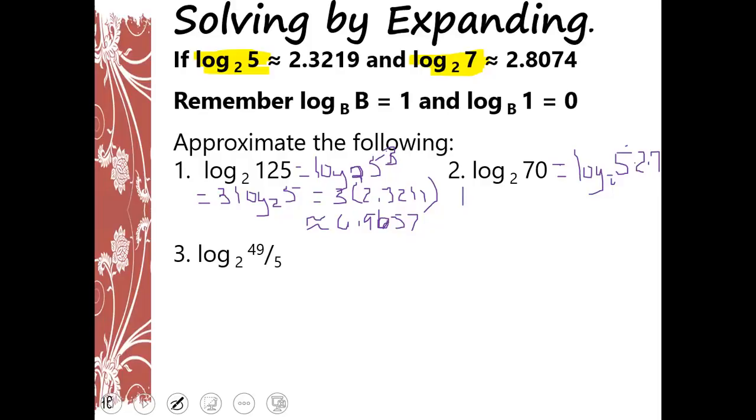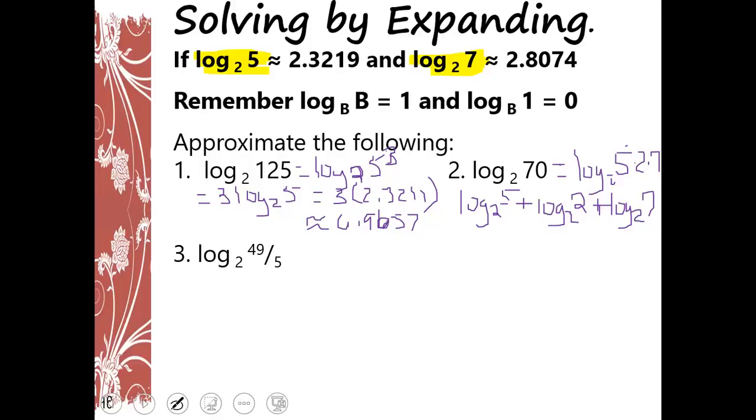So now I have log base 2 of the number 5 plus log base 2 of the number 2 plus log base 2 of the number 7.